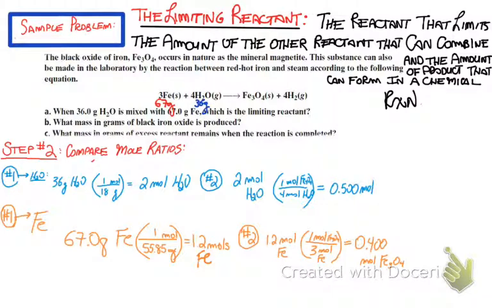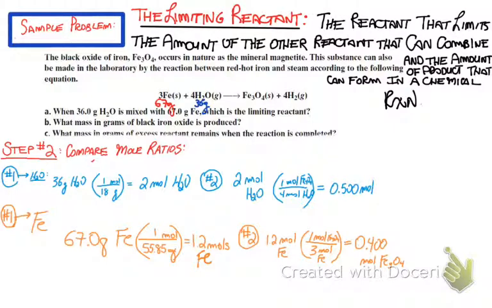So 2 moles divided by 4, the amount of water, 36 grams of water, has the potential to produce half a mole. If I do it with the iron, again we compare it with the iron oxide. In this case, it's a 3-to-1 ratio, so I end up dividing 1.2 by 3 to get 0.4.